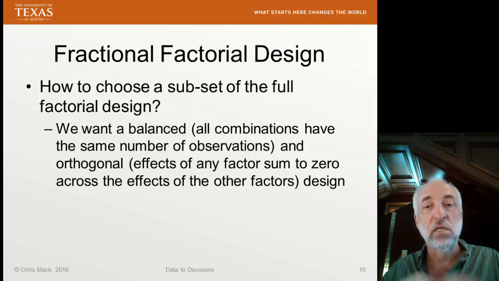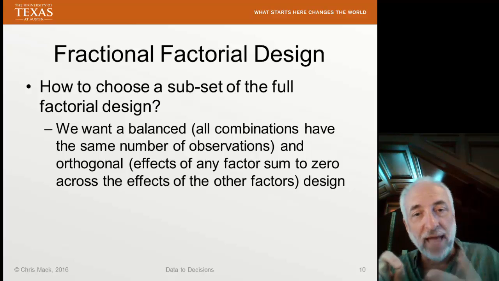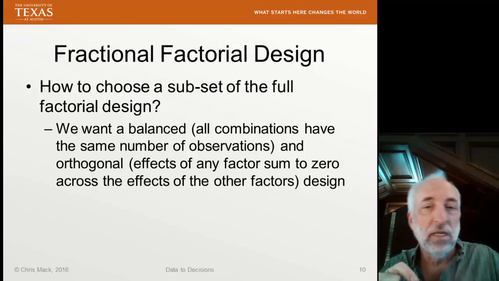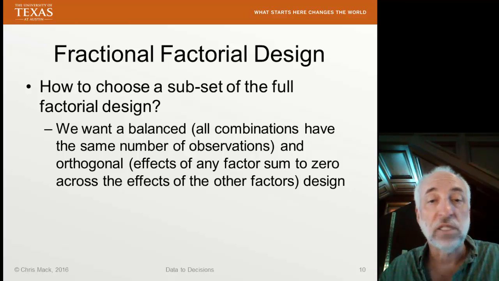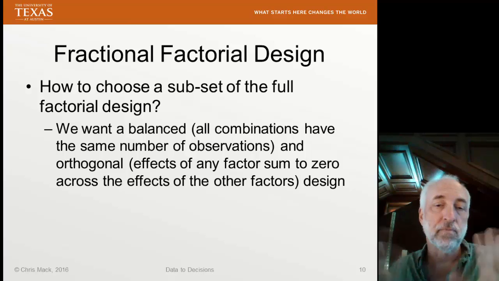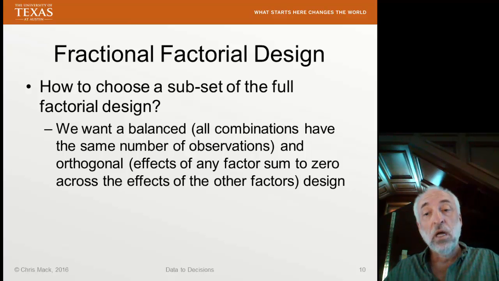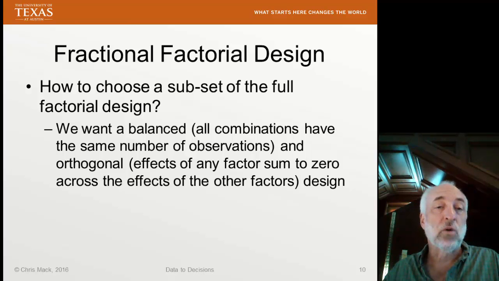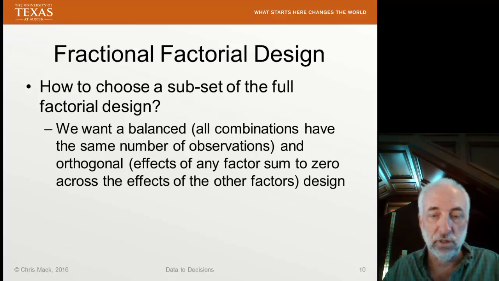And orthogonal means that if I look at one factor and I sum up the effects of all the other factors, I see that they sum up to 0, using the -1 +1 labeling that we use. So we want balanced and orthogonal designs, and that limits how we might remove data points from a full factorial design.